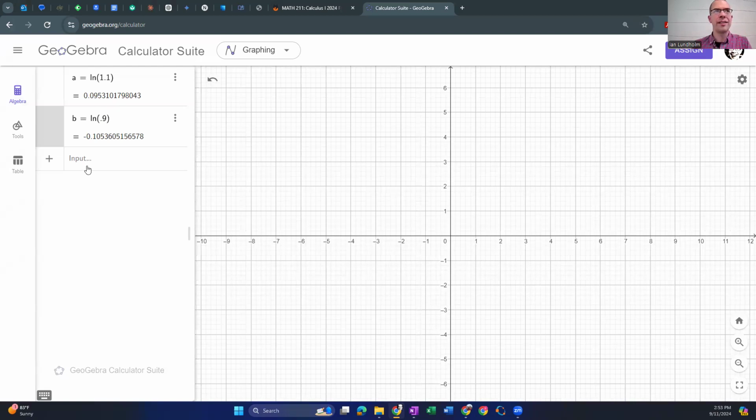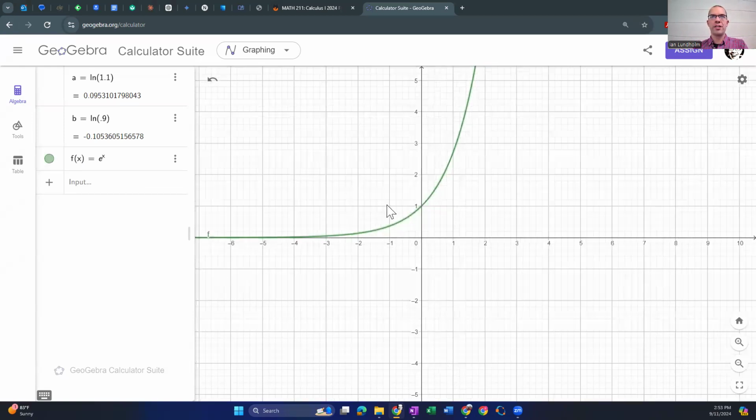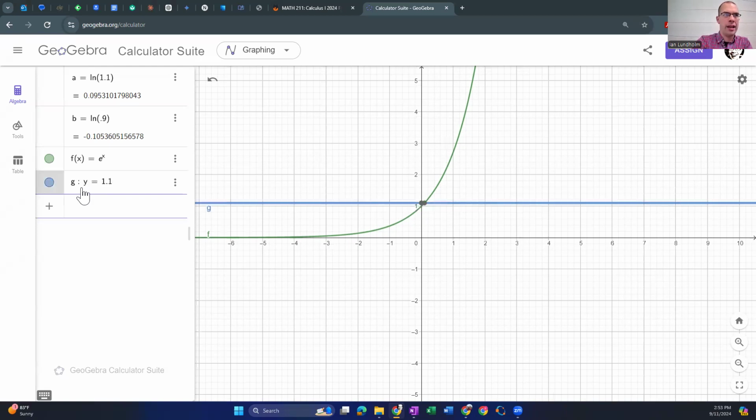And the idea here, we've got the graphing calculator. Why don't we just throw this on here? e to the x is a nice function. We are interested here in achieving y values in between y equals 1.1 and y equals 0.9.